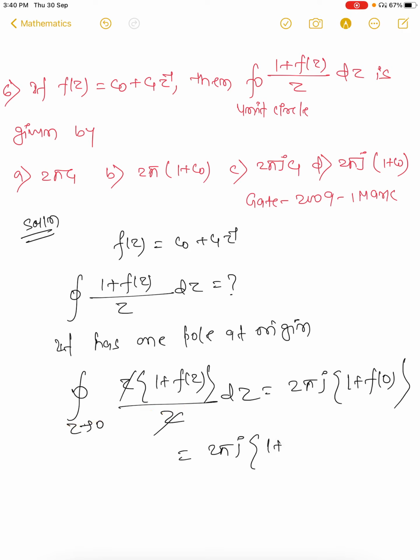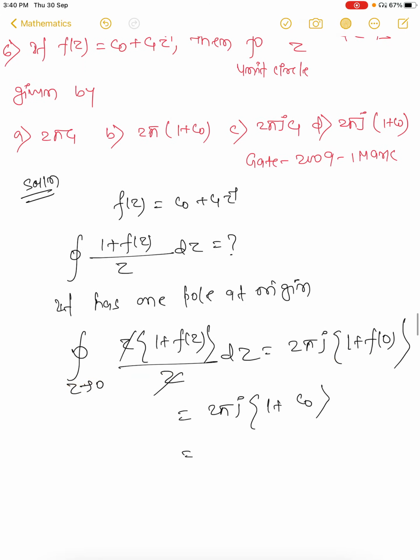So 1 plus c naught. So the answer will be 2 pi j (1 plus c naught).